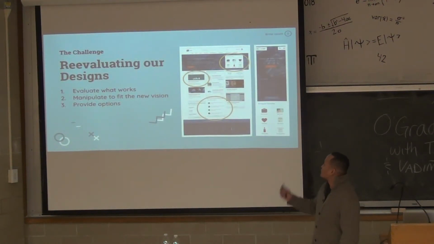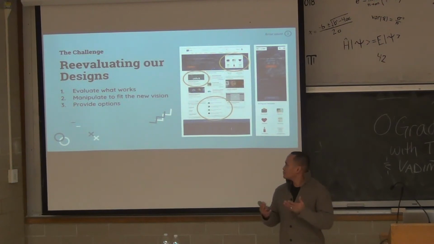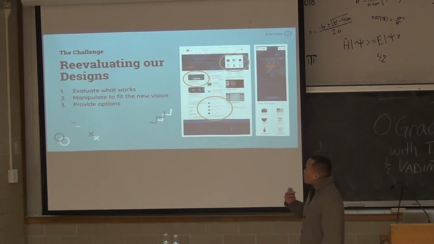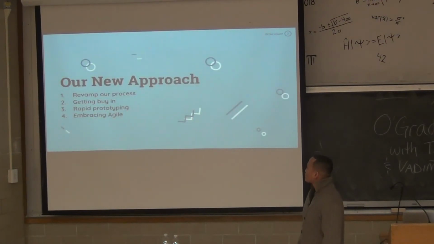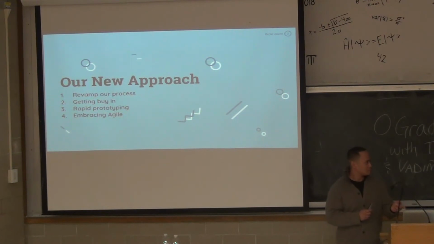Again, going through each of the iterations, circling what worked, what didn't, and then wanting to blend that in with what our product owner's vision. And then we came up with a new approach. We realigned what our design process was into something that fit with our client, and I think Amna will talk about that a bit.